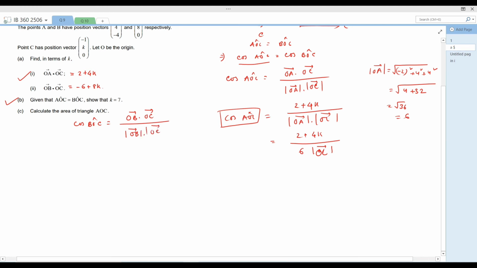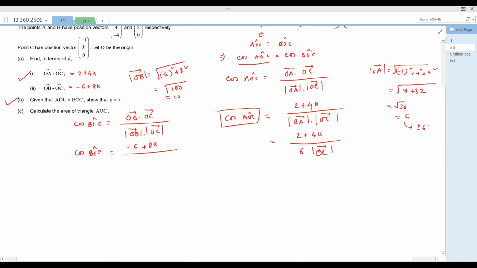That's why I told you not to compute anything for the OC part, because it will cancel out. So cos of BOC equals -6 plus 8k divided by mod of OB. The modulus of OB is root over (-6) squared plus 8 squared, which is root over 100, equals 10. And one more thing: here it comes out as plus or minus 6, but for distance and magnitude values we cannot take the negative value.